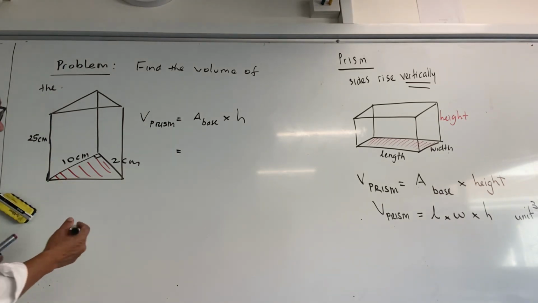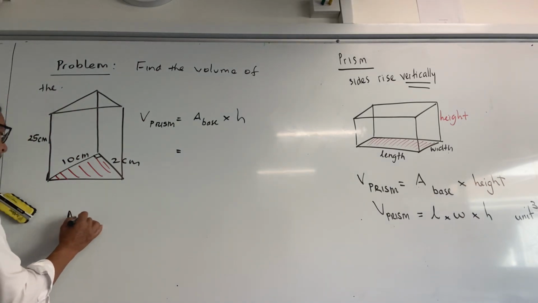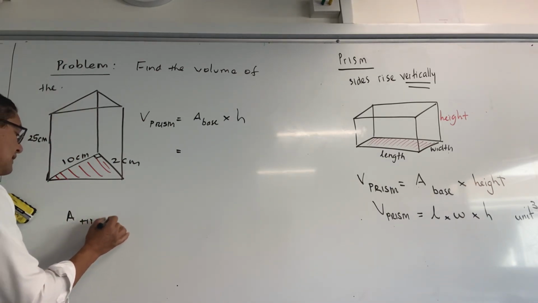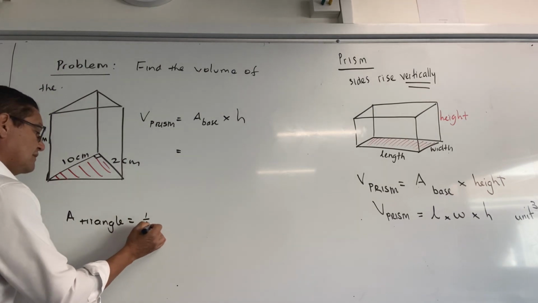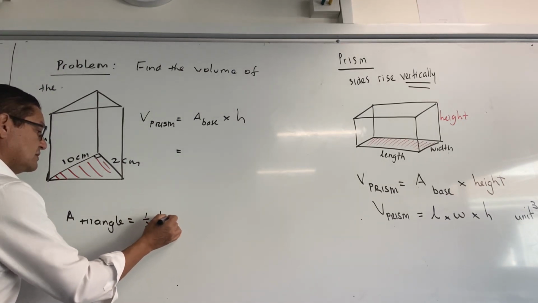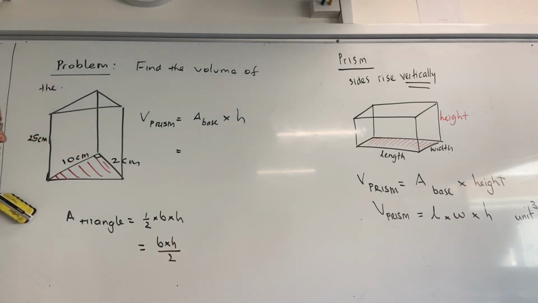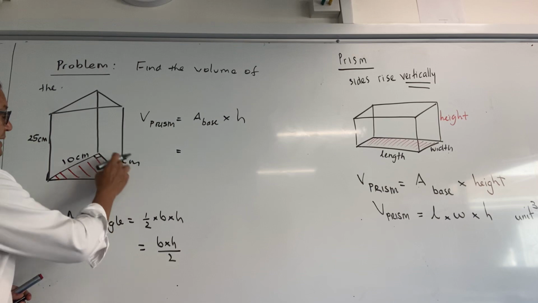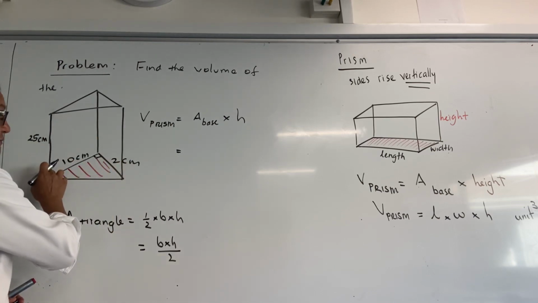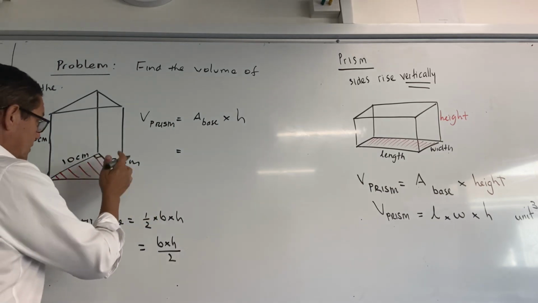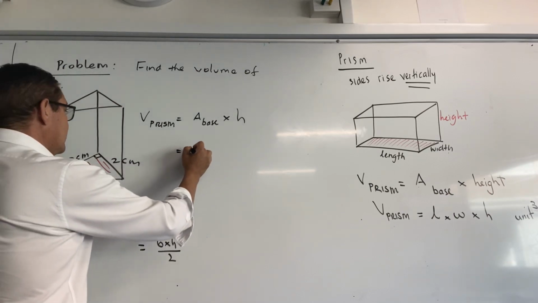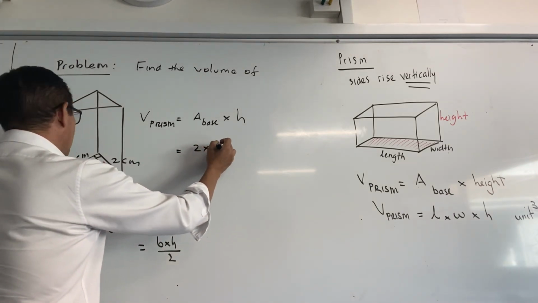Now the area of the triangle is half times base times height, or you can do base times height on 2. Same thing. So here we go. Base, height, because it's got to be a right angle triangle, remember? Base times height.